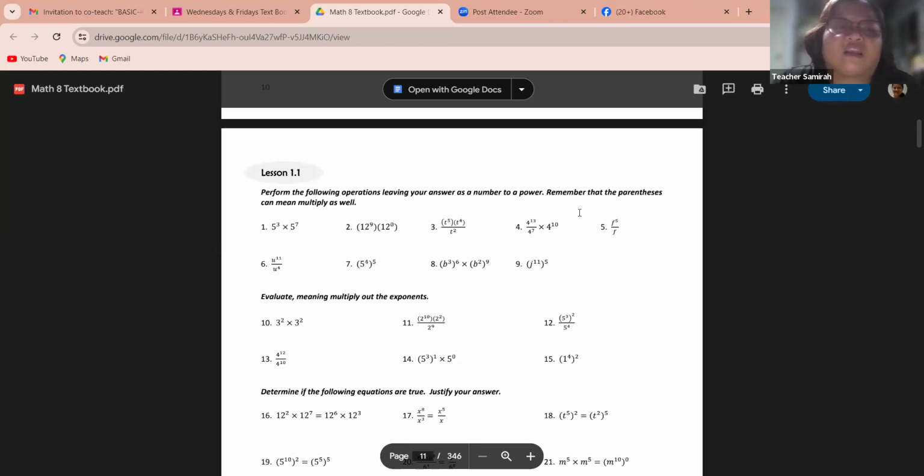So if you look at it, what do you think will be your answer for that one? We're simply going to add the exponents, then copy the base. You are not going to delete the base, but rather you are simply going to copy the base. Then you are simply going to add the exponents.